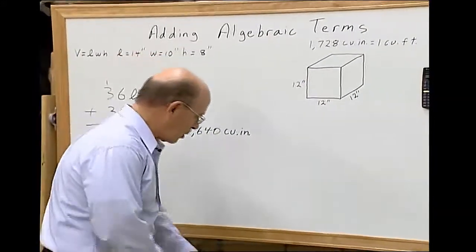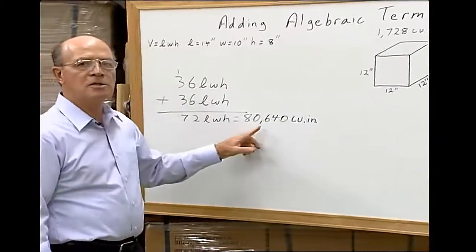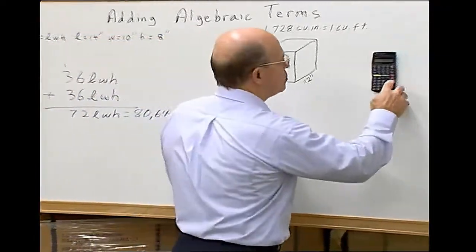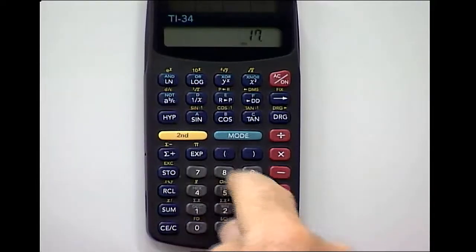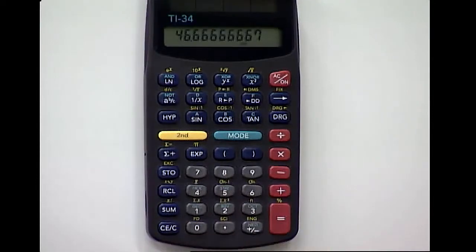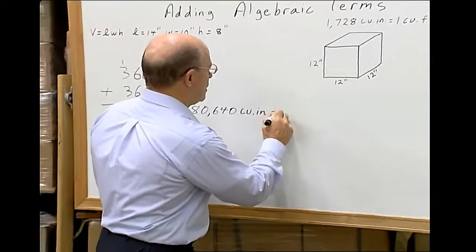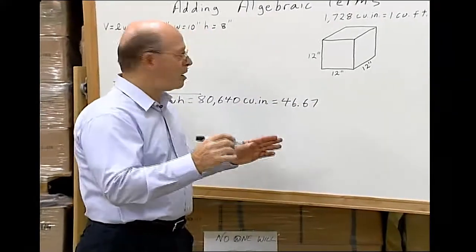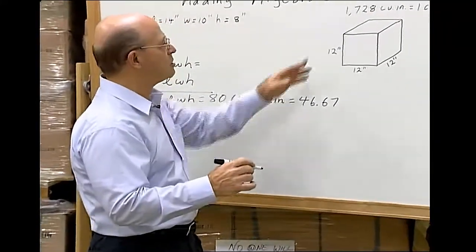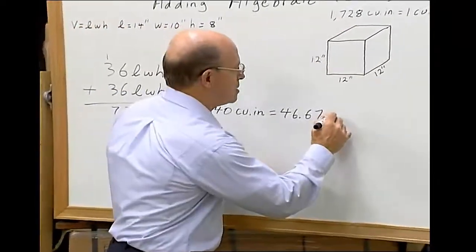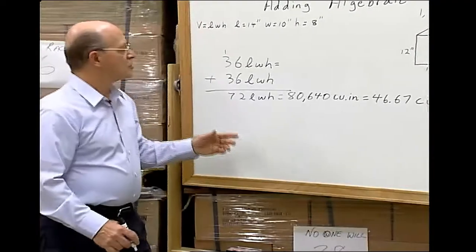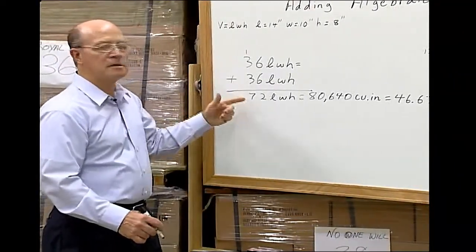So what we're going to do, we're going to take this number, 80,640, and divide it by 1,728, and that equals 46.67. And that is now, it changes from cubic inches because we divided by this number, and now that makes it cubic feet. So that is the volume of these 2 pallets of books.